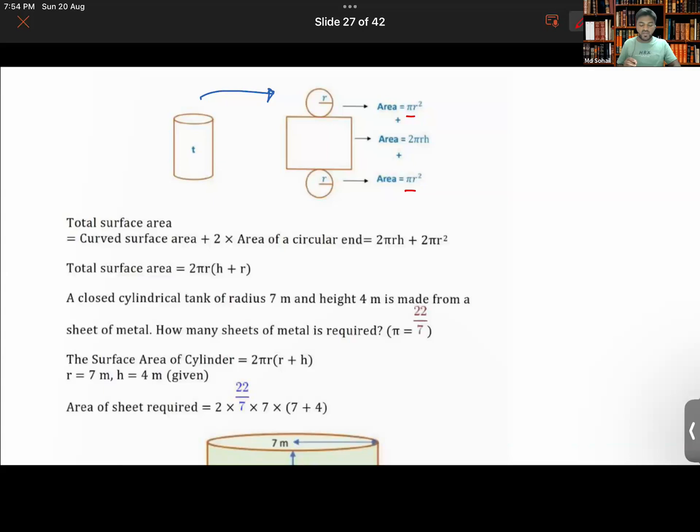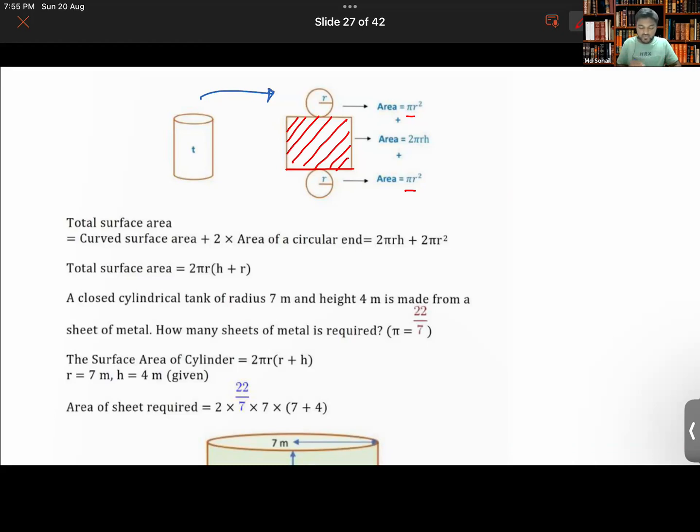Okay, now the question is why it's 2 pi r h. We are talking about this figure only, the curved surface area. When you spread it out, it will look like either a square or a rectangle. Here it looks like a rectangle.